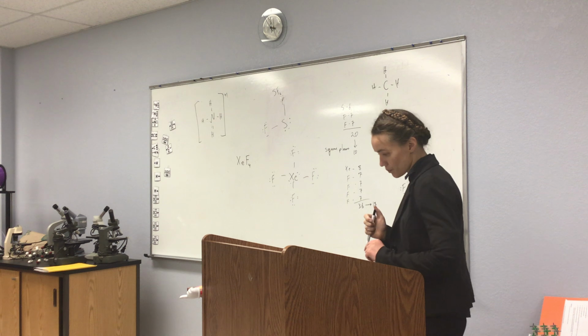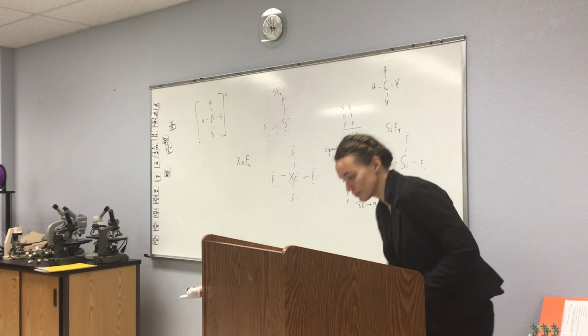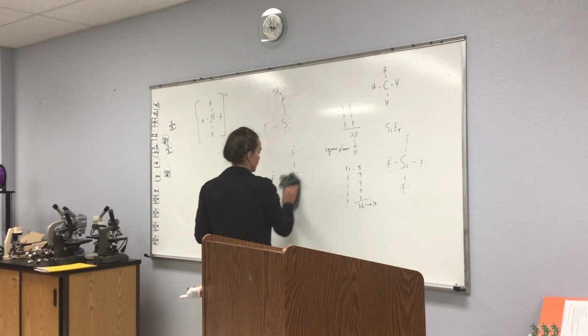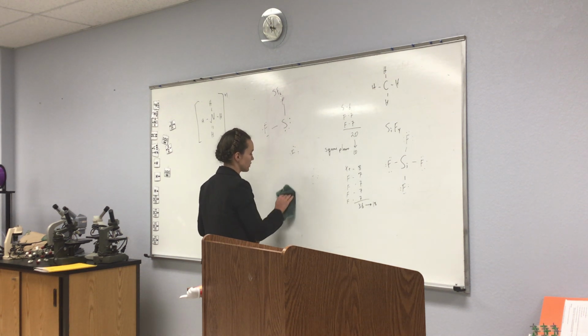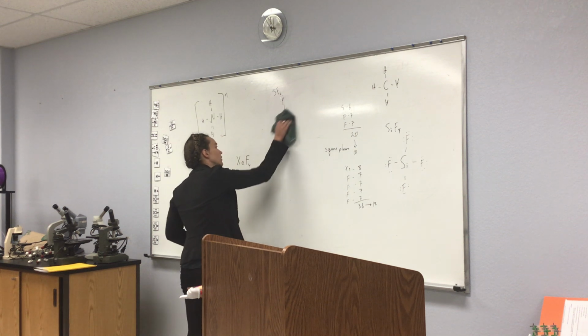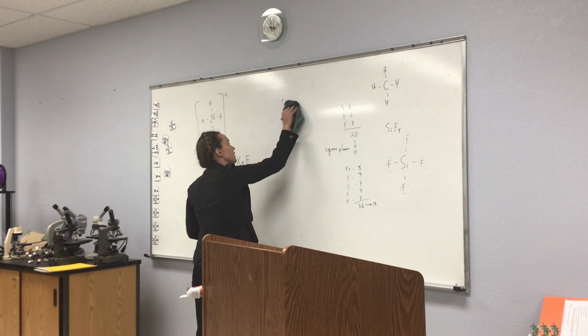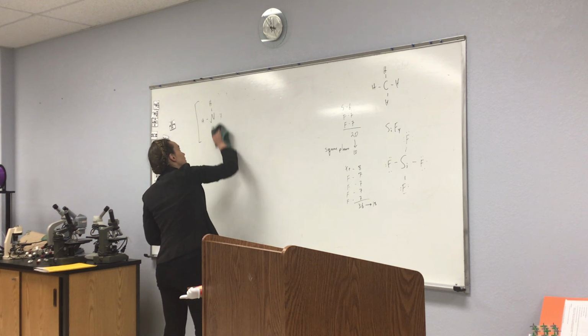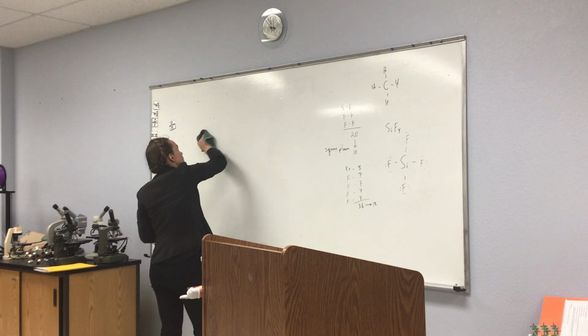Alright, let's look at BrO3. Bromine oxide. No. Or bromide. No. Boron oxide. No, it's not. It's bromine. Notice it's an ion. What is the name of this ion? My bad. Is it bromite or bromate?